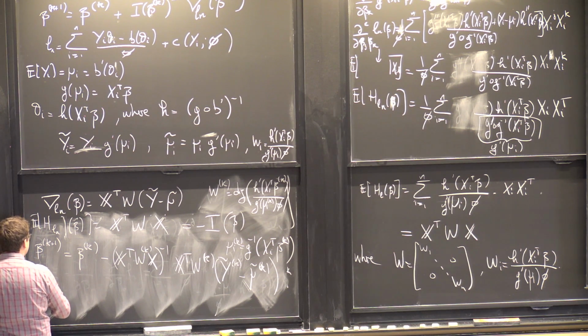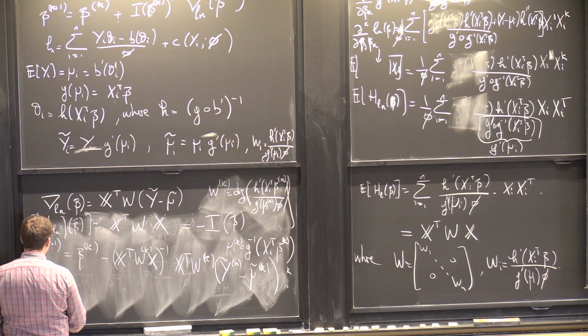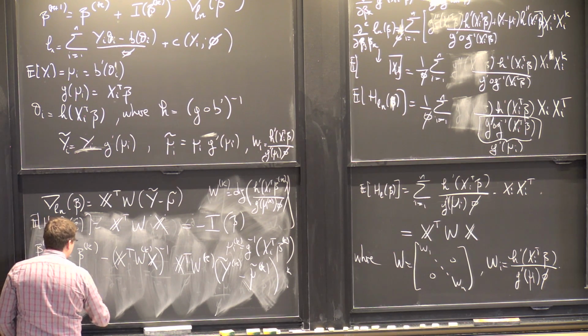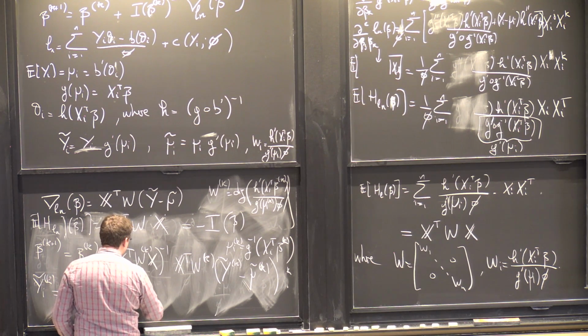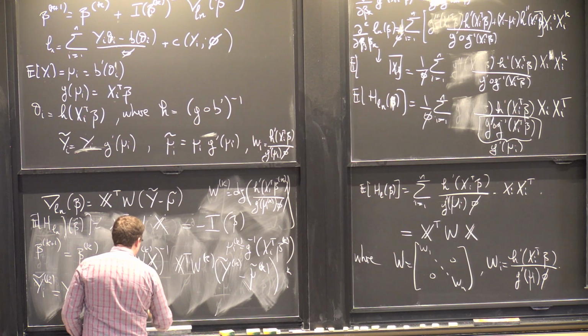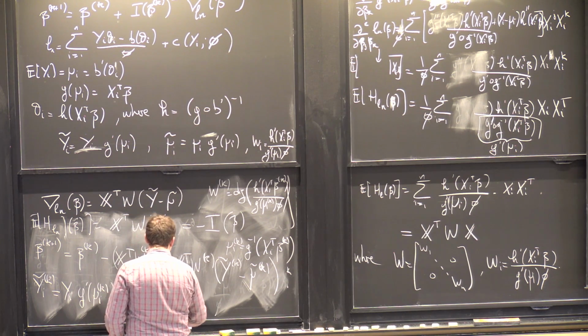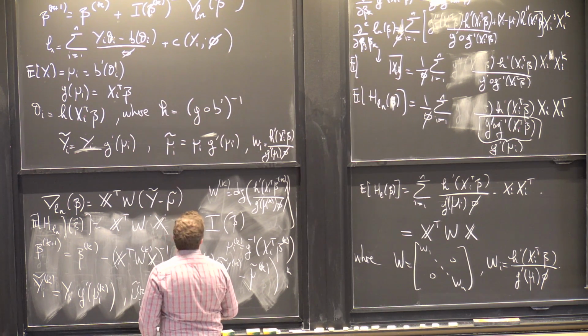Y tilde k just means that, so that's just yi times G prime of mu I k, and mu tilde k, if I look at the ith coordinate, it's just going to be mu I times G prime of mu I.